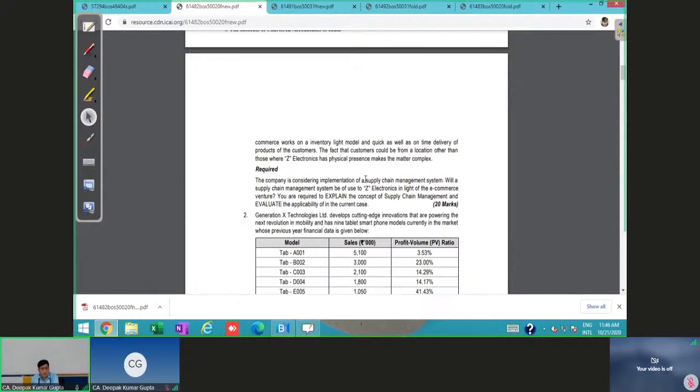Will a supply chain management system be of use to Z Electronics in light of its e-commerce venture? You are required to explain the concept of supply chain management and evaluate its applicability in the current case.